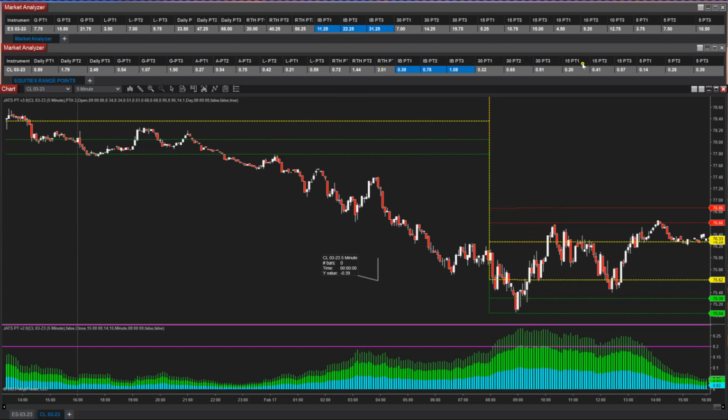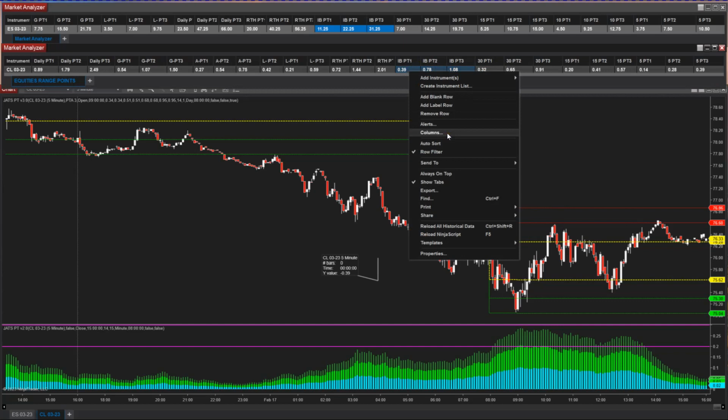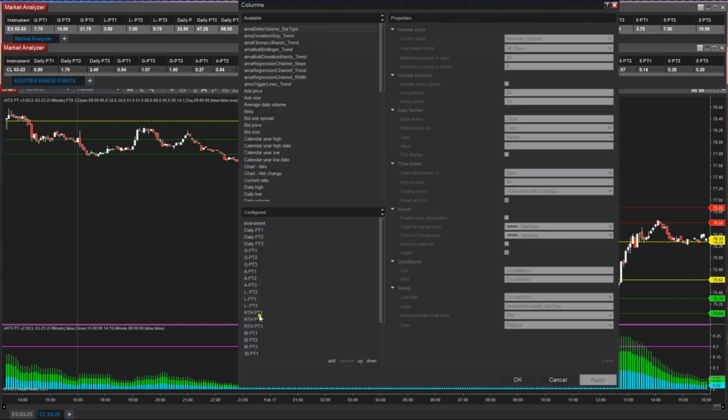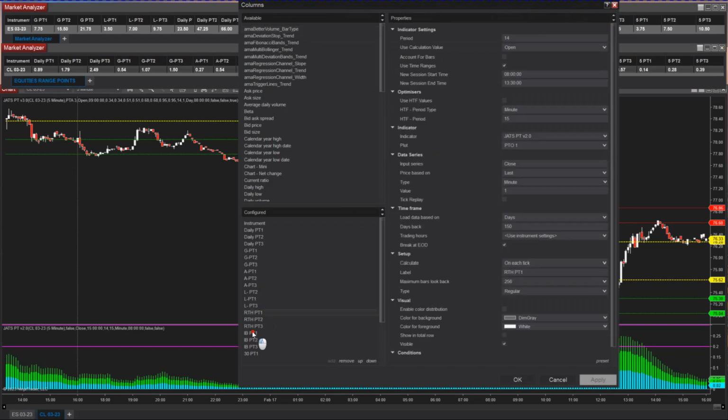So on my market analyzer, I can show the PT3 points for what that range would be between 8 a.m. and 9 a.m. And I can divide it into 1, 2, 3, 34%, 68%, 99.7%, 95%. And that's what I do here.